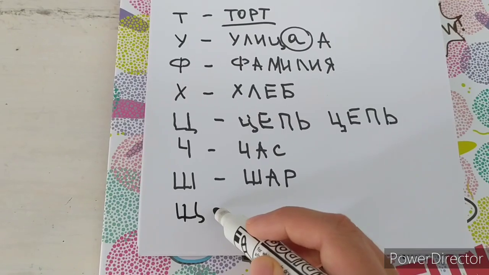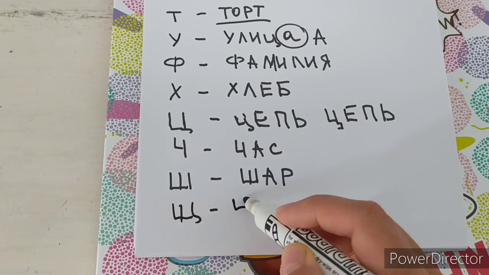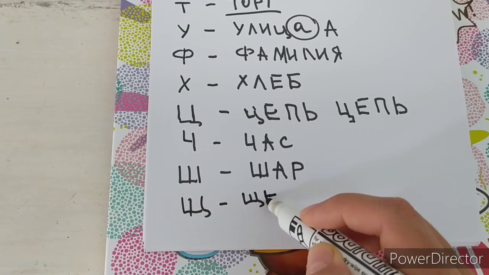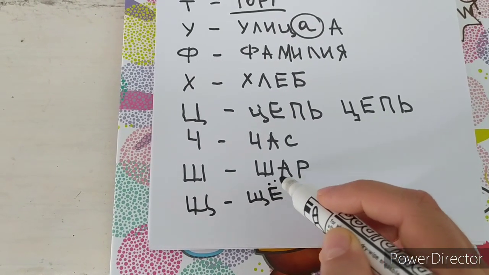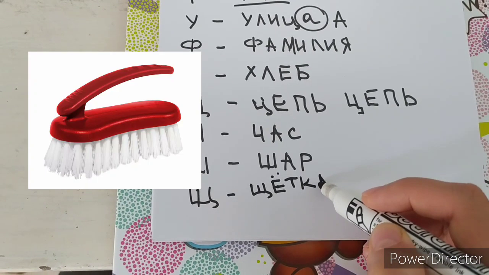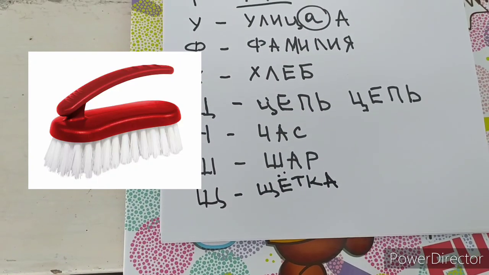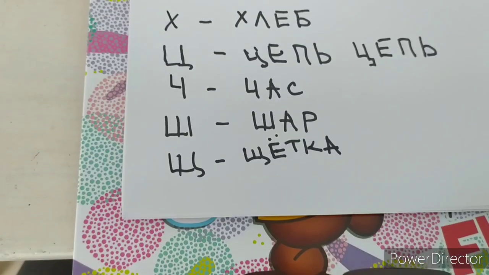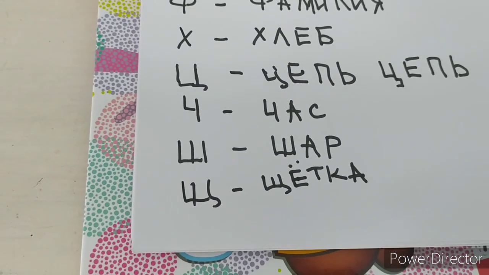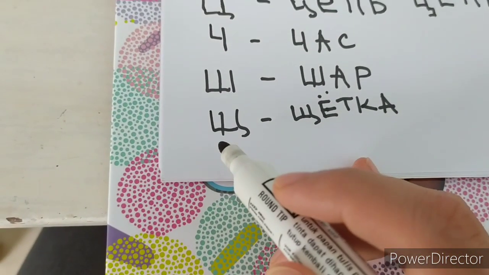Щ. For example, щетка. Щетка is a brush. Щетка.